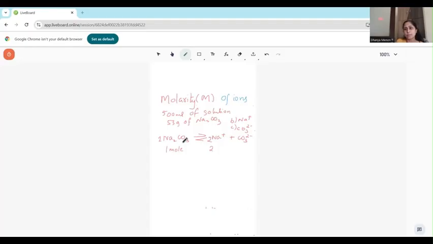I'm just dealing with the balancing number now. And if no number is there next to carbon, that is 1, so 1 mole of carbonate ion.